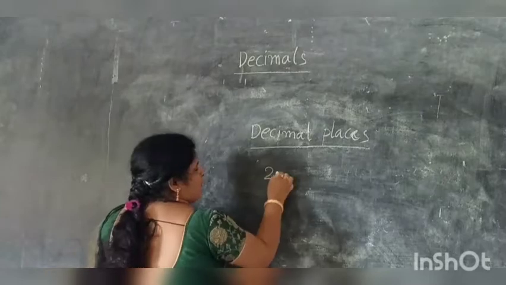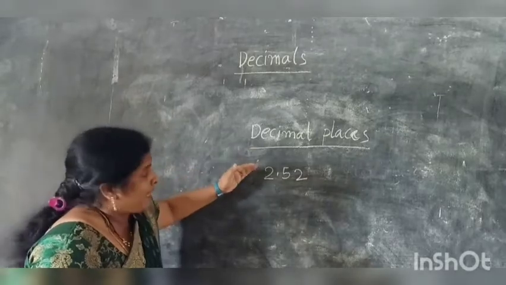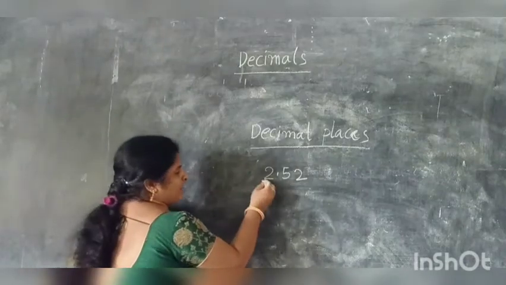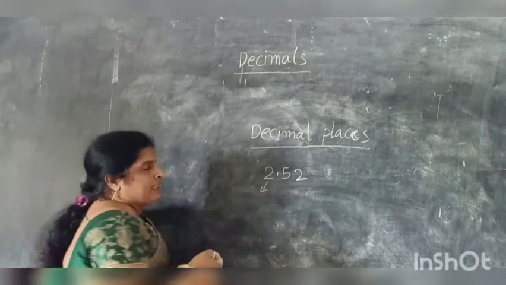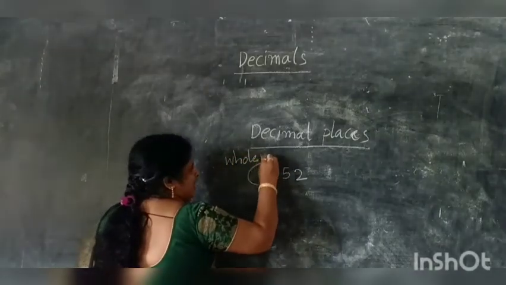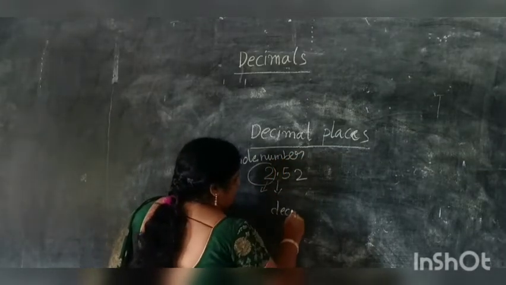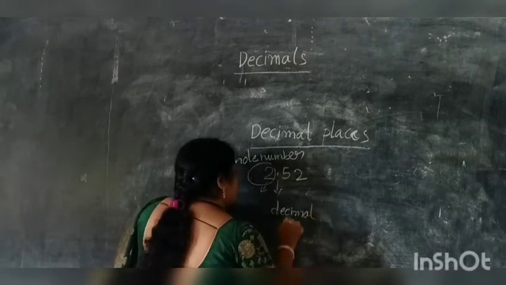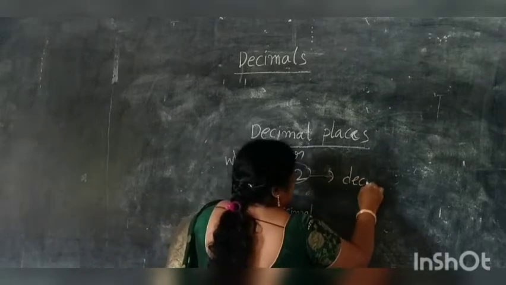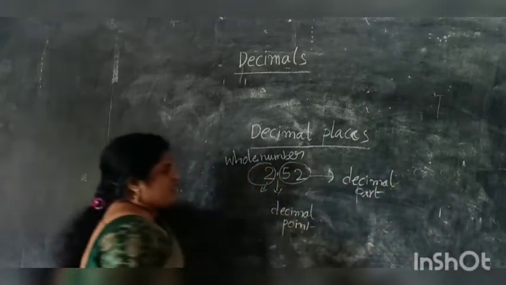Here I take 2.52. This is the decimal number. What is the place value of each digit in the given number? This is the whole number part. This is the decimal point. This is the decimal part.